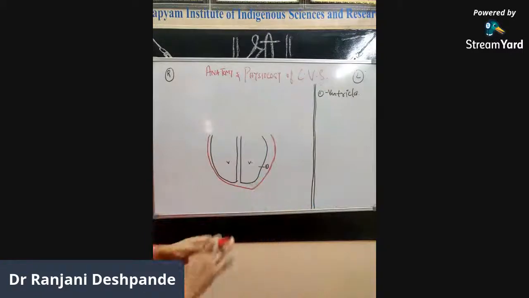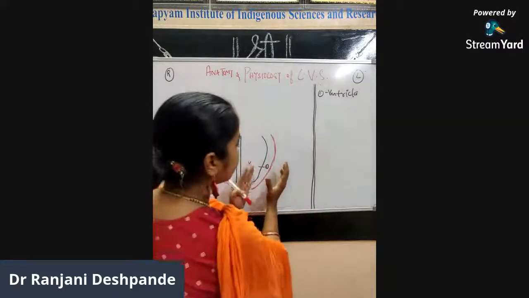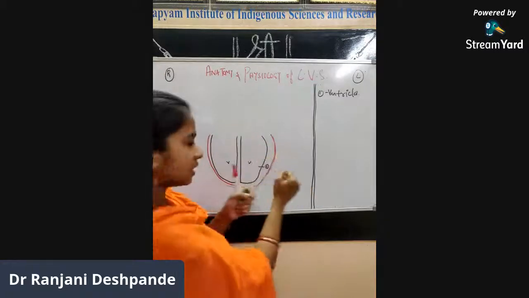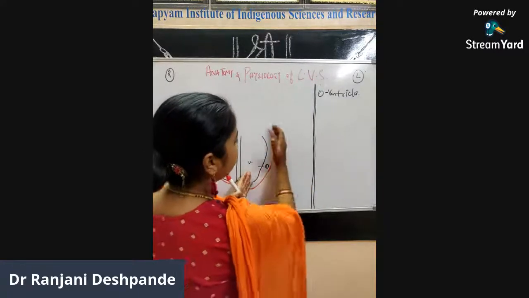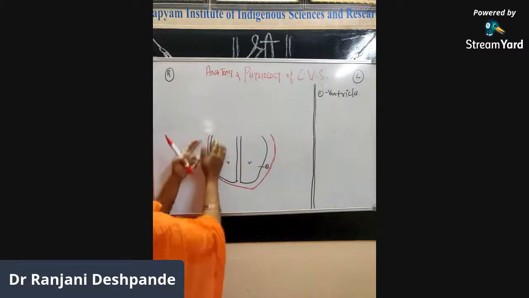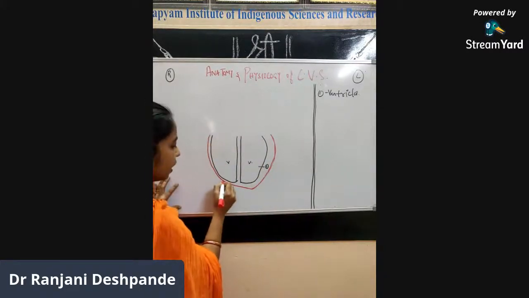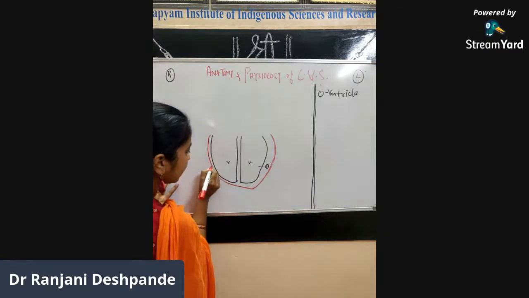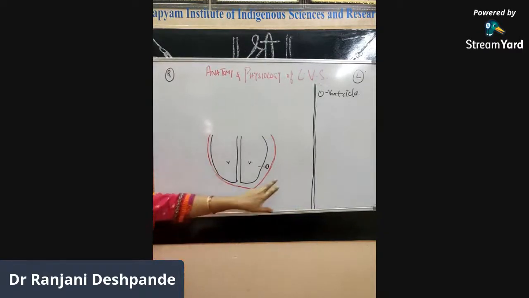That is why the left ventricle has to pump with more force. That is why the muscle of the left ventricle is thicker than the muscle of the right ventricle, which has the same function but is comparatively thinner. Okay, now moving further.